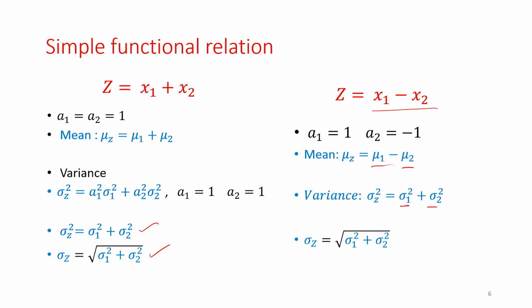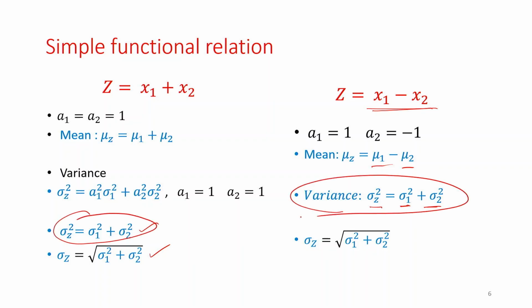So the variance of z in this case and in the previous case are exactly the same. There is no difference between them.